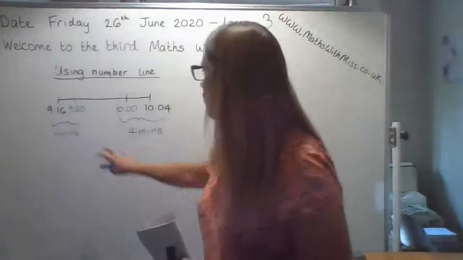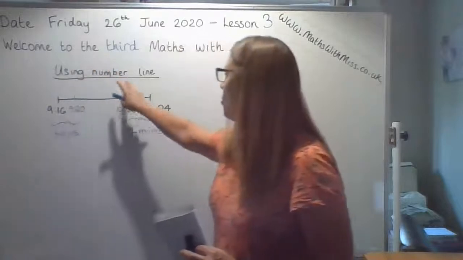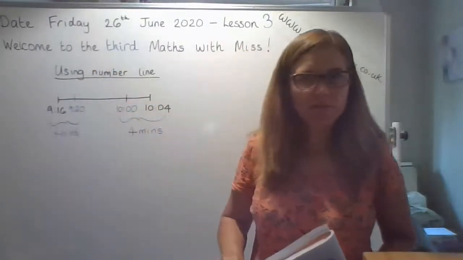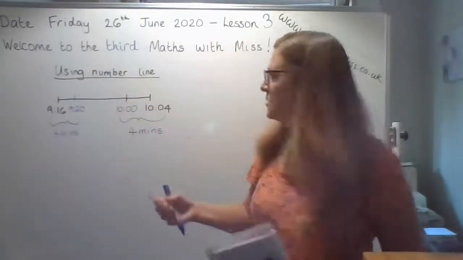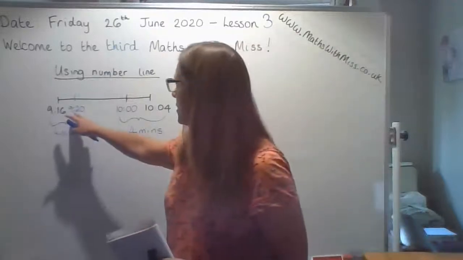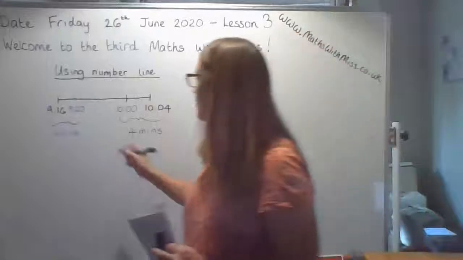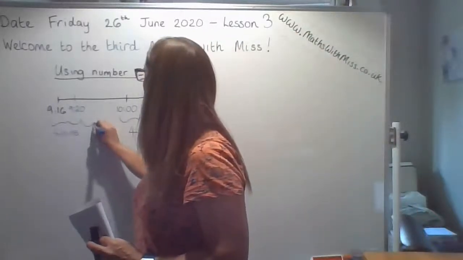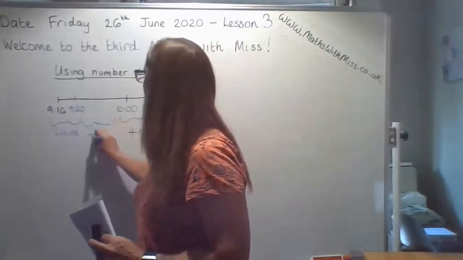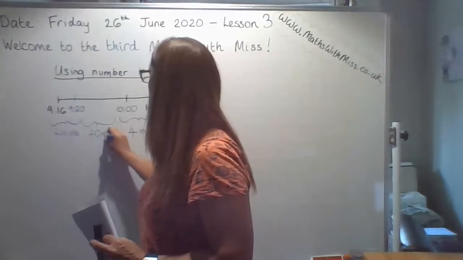And then we need to get from 9:20 all the way up to 10 o'clock. So we could count up in tens. 9:20, 9:30, 9:40, 9:50, 10 o'clock. So I've got to add in there 40 minutes.